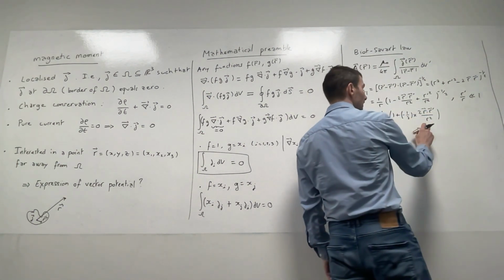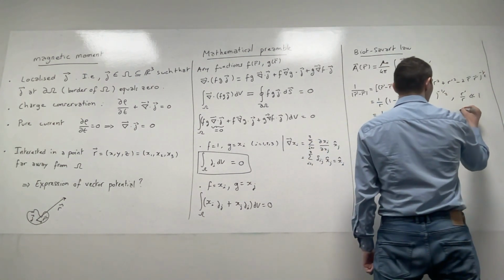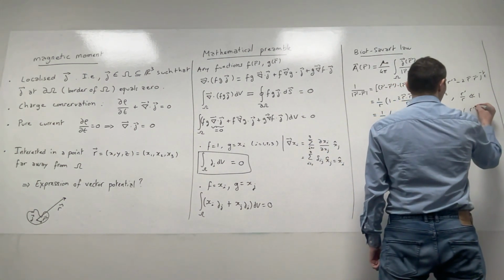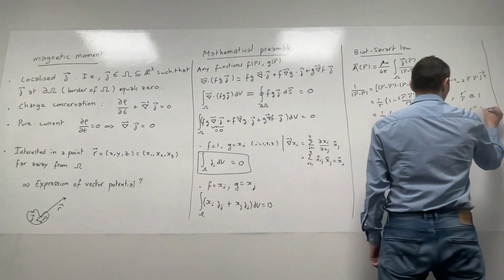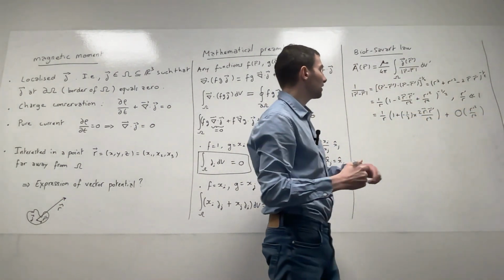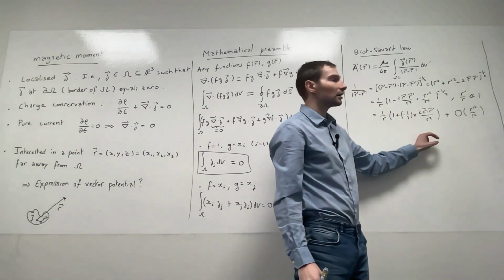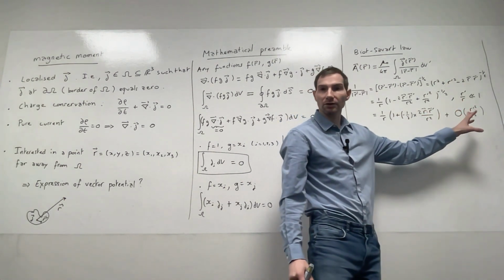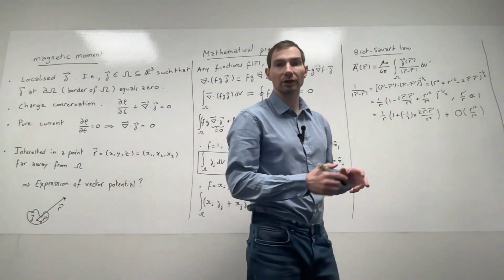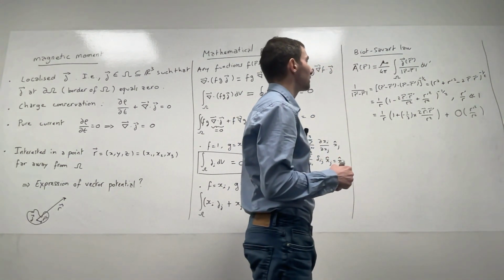I'm going to stop here and say that any other term is of order r prime squared over r squared. So you see here, I keep the order to be r prime over r, and not any higher order in terms of the expansion.